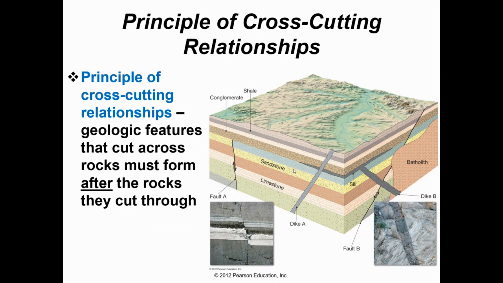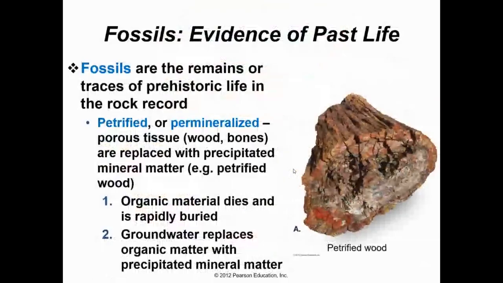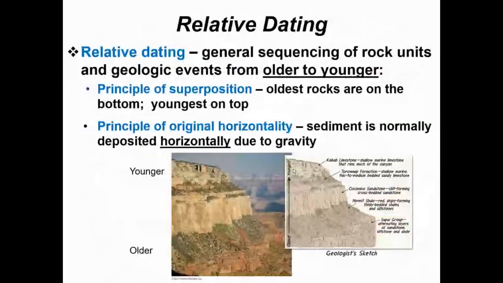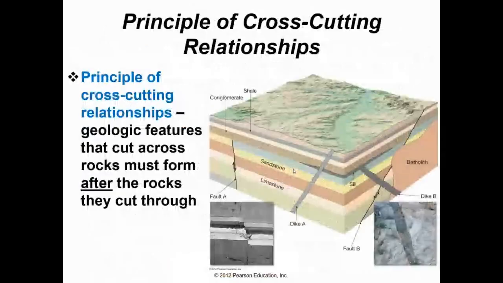In order to decrypt what's happened here at this unique site, we need to understand a few basic concepts of how sedimentary rocks form. I think I'm missing part of the figure, but anyways, no worries.